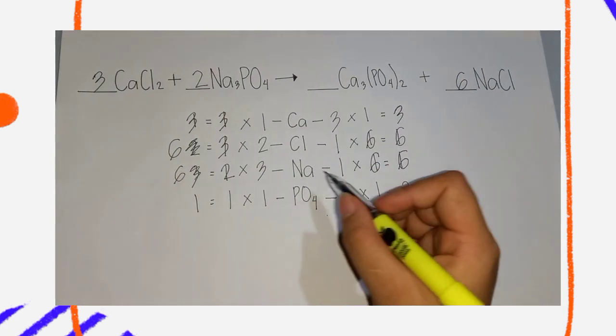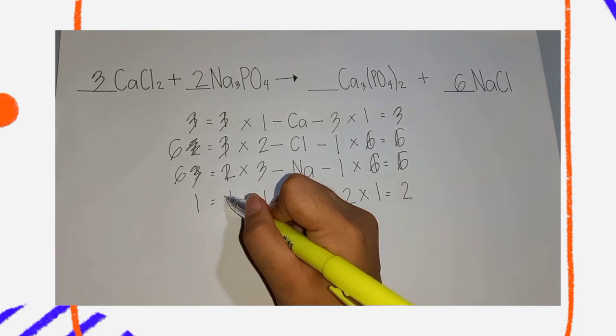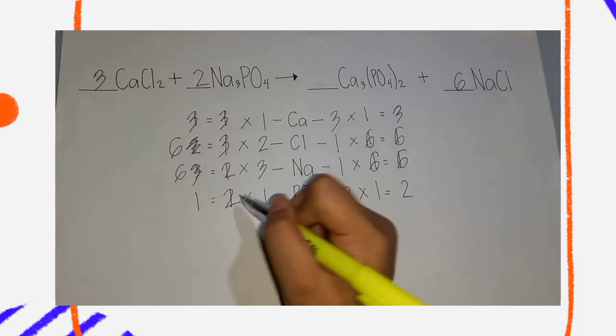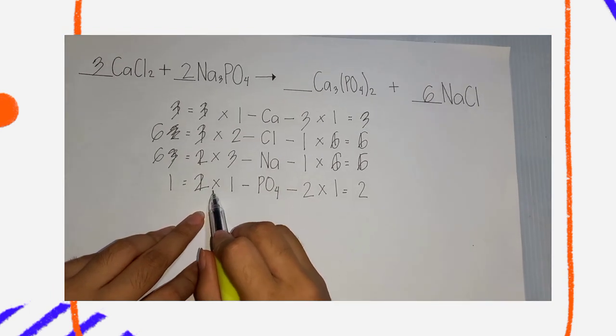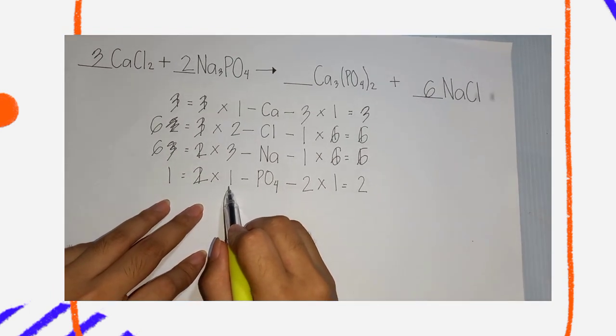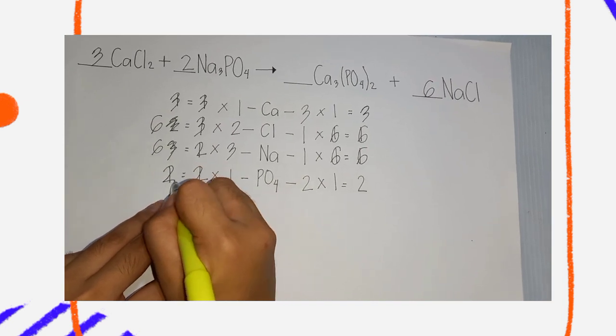So we are going to change the coefficient for phosphate. We have to write 2. So now we have 2 times 1. It would result in 2 for our phosphate.